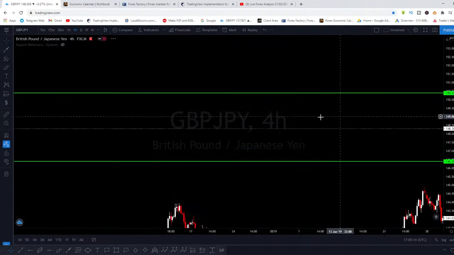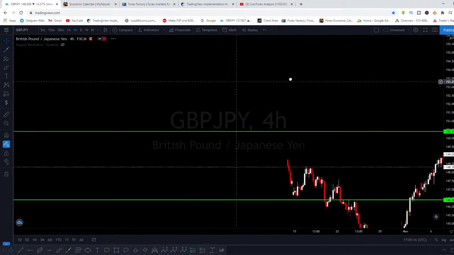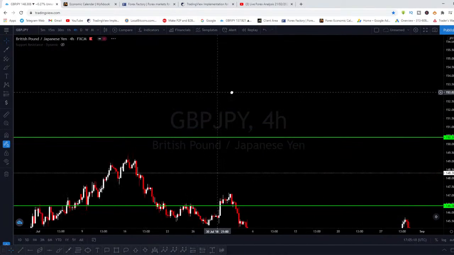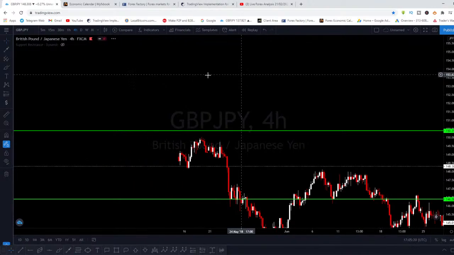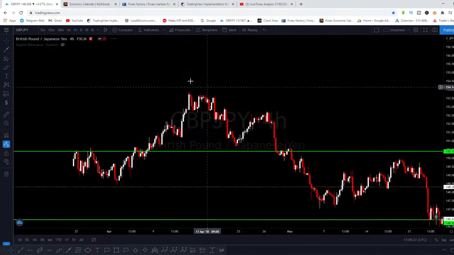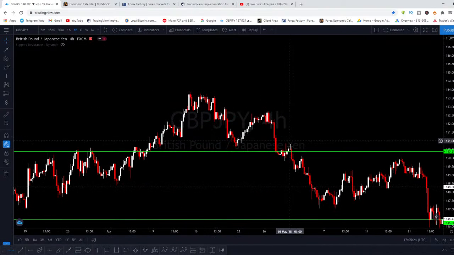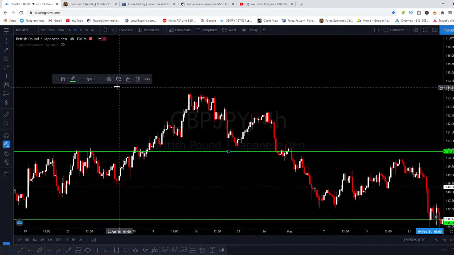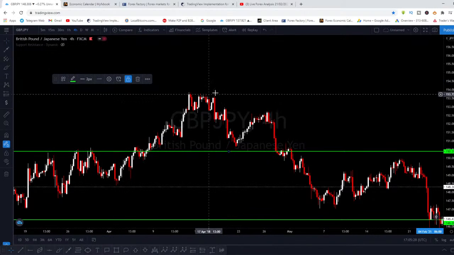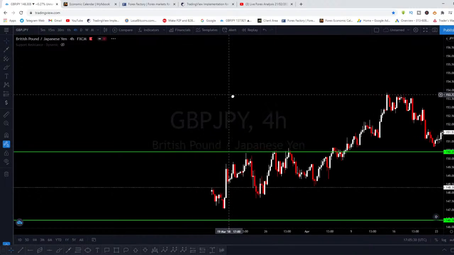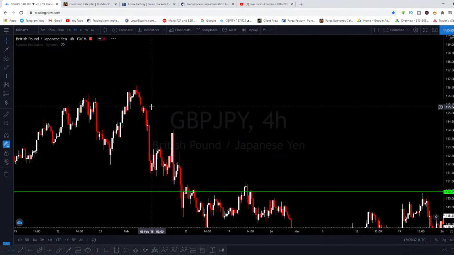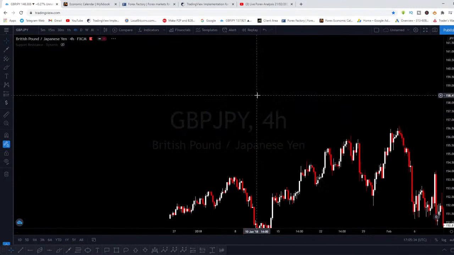Let's see. Okay, nah, it has reached its highest point possible. Okay, there's this level. So after it breaks out of these, this one will be the last target. Let's see if there are any other highs. Oh, this one will be the last target.